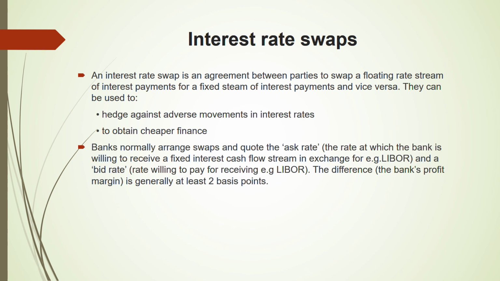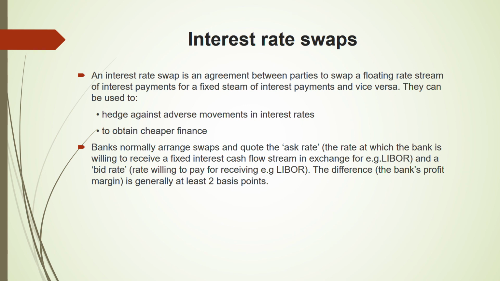Now let us go to this. So it is the bank that normally arranges the swap, and they quote the ask rate. That means you have to give a rate to the bank. So you are giving a fixed interest cash flow to the bank and you are receiving a variable return or LIBOR from the bank. Usually the bank's profit is 2 basis points.